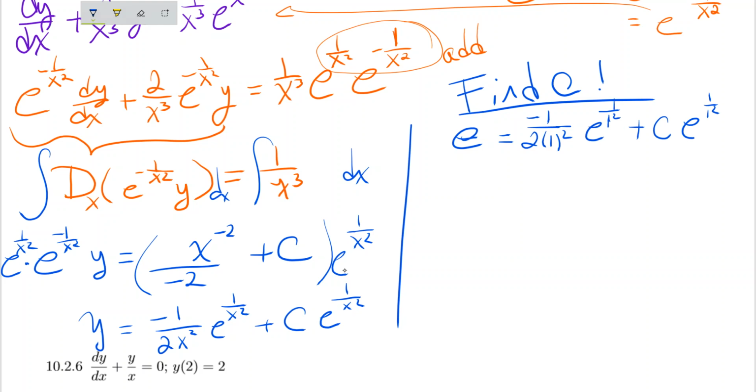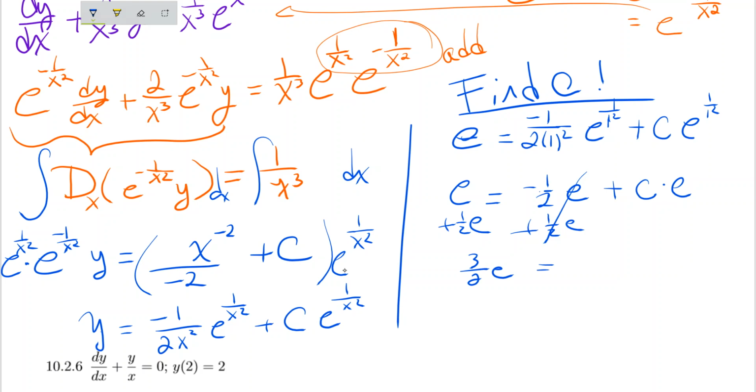So let's clean this up a little bit. e is equal to negative 1/2 e plus c times e. Okay, so if I add 1/2 e over, I have 3/2 e's. And then c times e, if I divide by e, oh, that's nice.